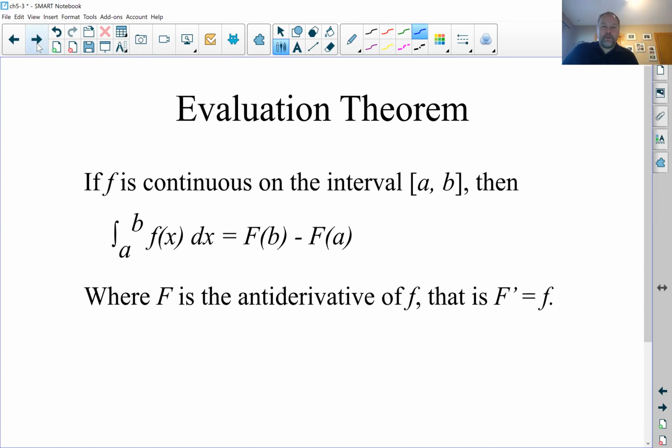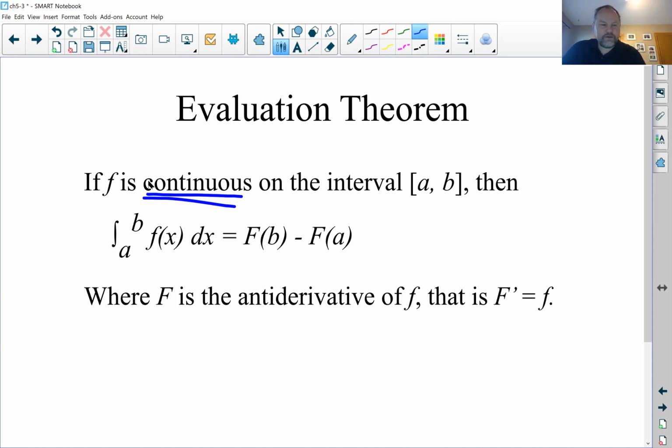All right. So there is a theorem called the evaluation theorem. It says if little f is continuous on the interval from a to b, so again, big thing with integrals, we want a continuous function. We will actually take a look at what happens if it's not continuous at the end of the chapter.